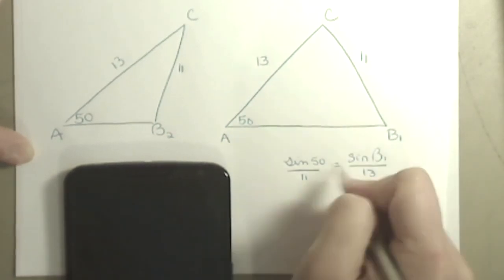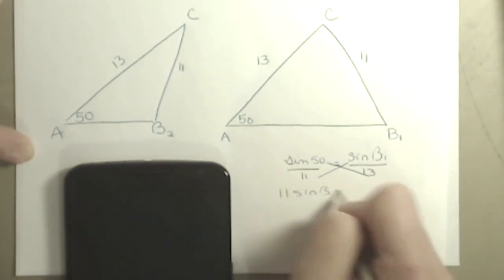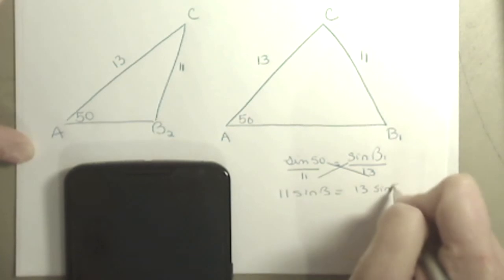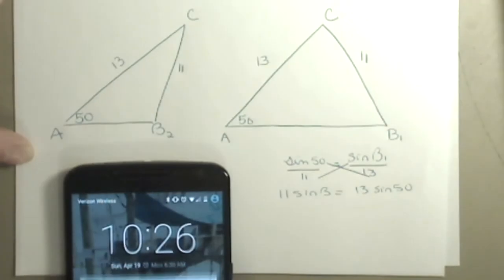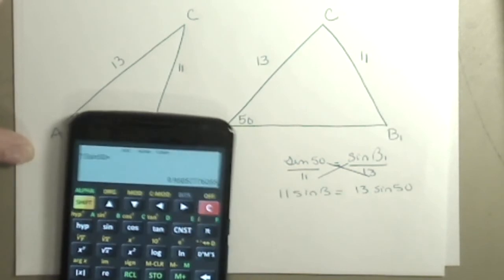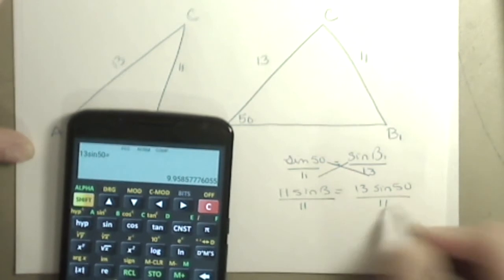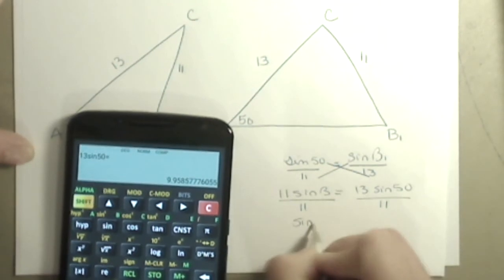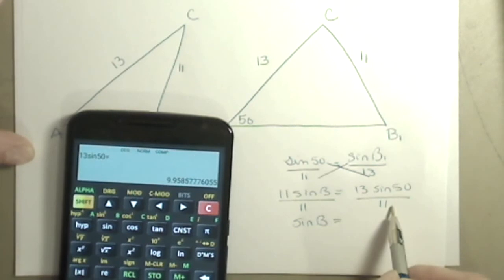What we call it is not important. So I am going to solve this proportion here. The sine of B is equal to 13 sine 50 divided by 11.